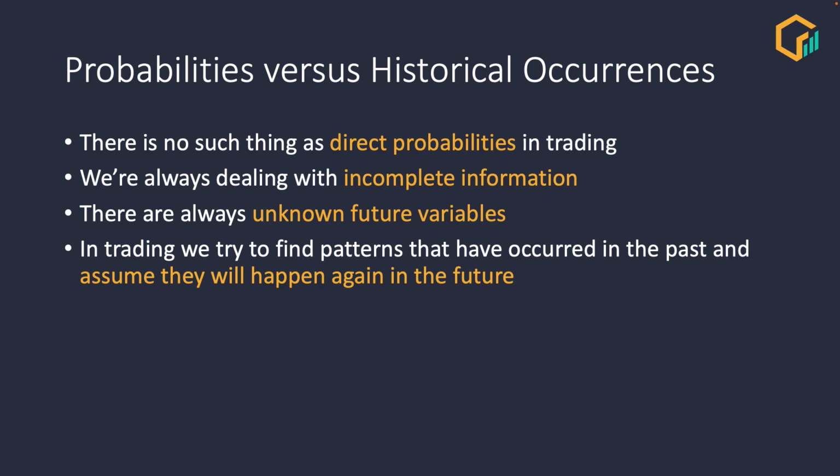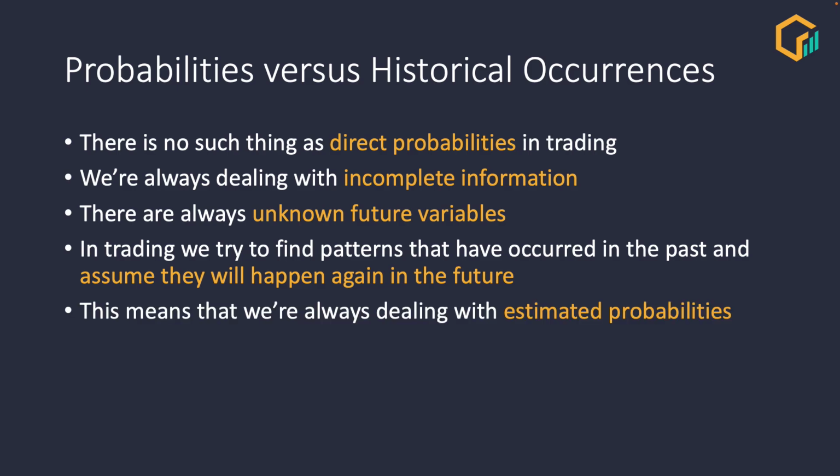You have to make this assumption because there are simply unknown future variables. This means we're always dealing with estimated probabilities. So when you hear us talking about probabilities, I want you to understand it is estimated probabilities, not direct probabilities. It's simply impossible. But don't worry, we can work with this.